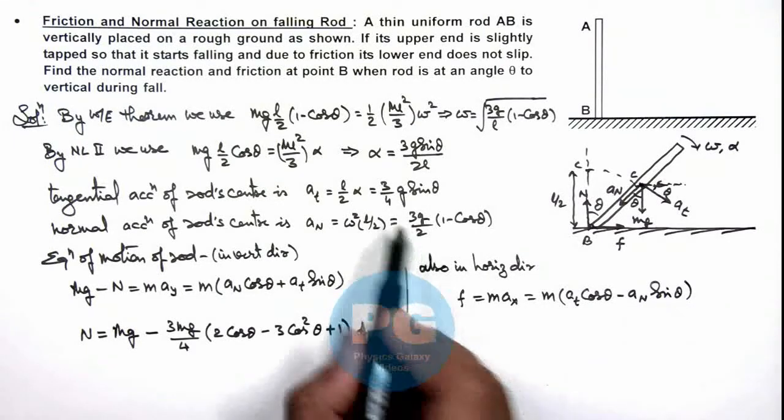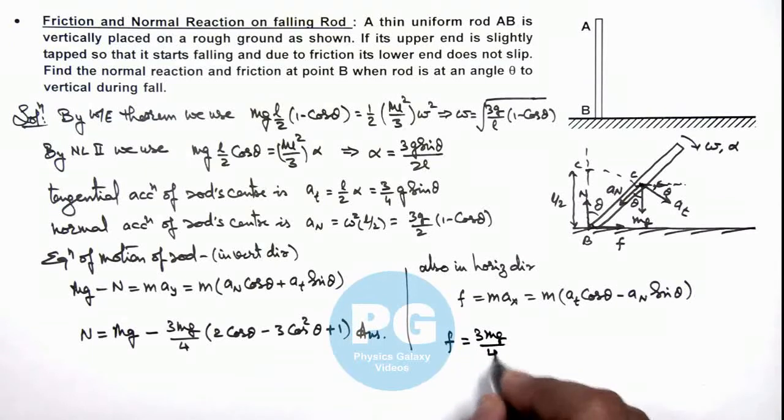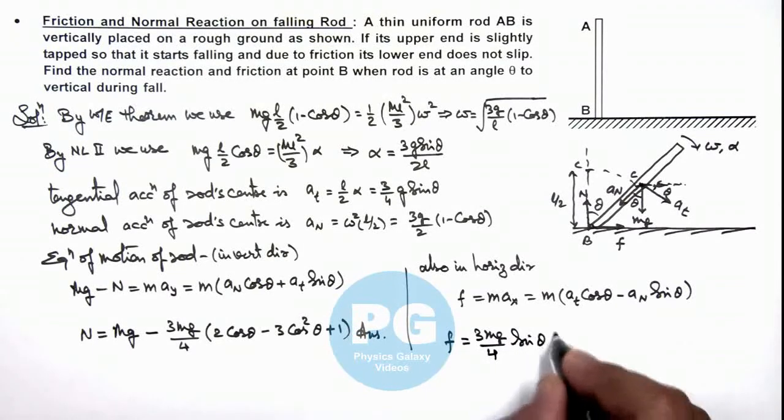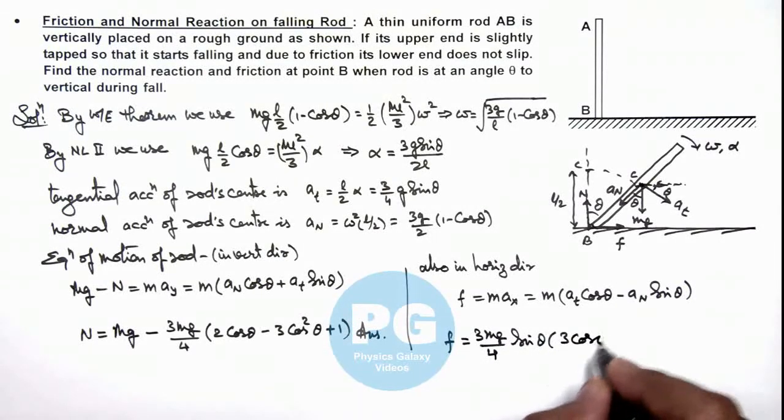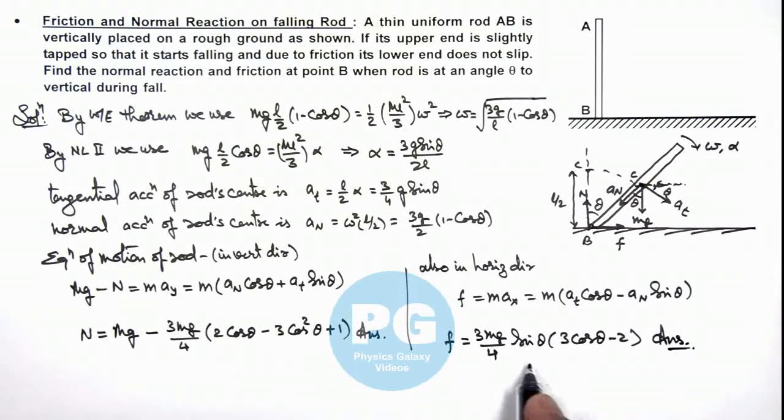Again, you can substitute a t and a n over here and verify the value of friction, which we'll get is 3 mg by 4 sin theta multiplied by (3 cos theta minus 2). That will be another result of this problem for friction acting on the rod.